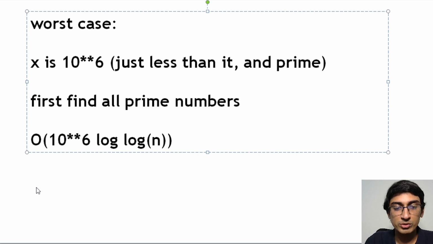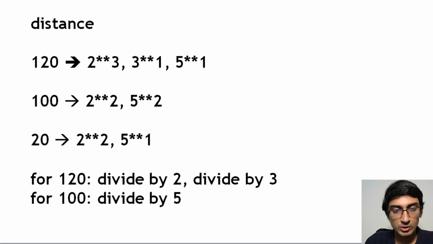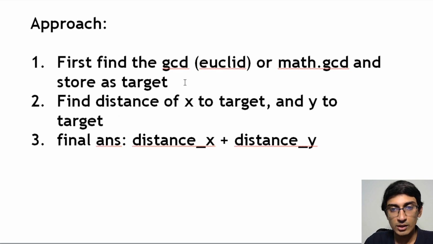So from this, the approach we get is as follows. In the approach that we are writing, first find the GCD, find the distance of x to target and y to target, and so on.